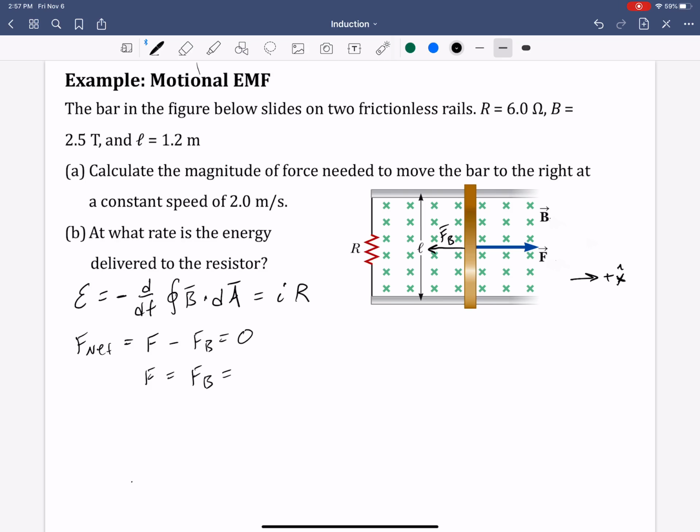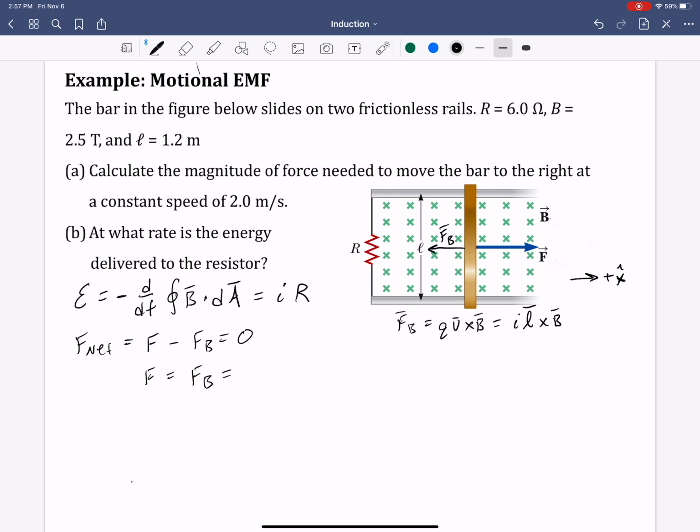What's the magnetic force? It's QV cross B. Right? Let me write that over here. Remember, QV cross B. Well, do we know the speed at which these charges are moving? Not necessarily, right? We're not given that. Another way to write this magnetic force, remember, is IL cross B, right?